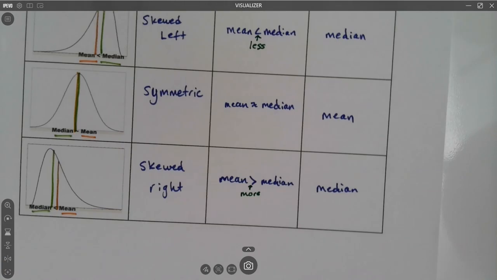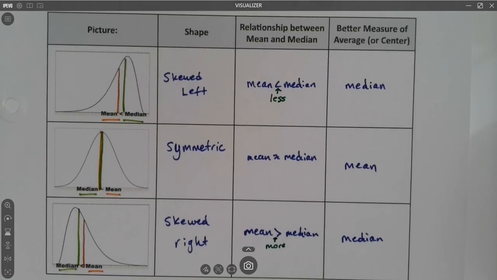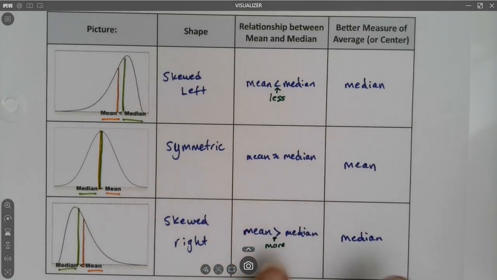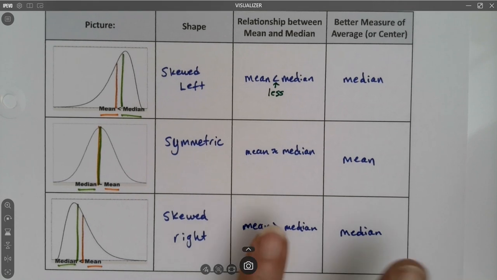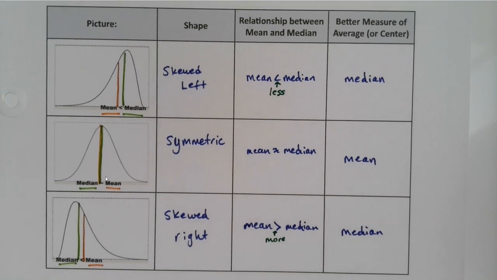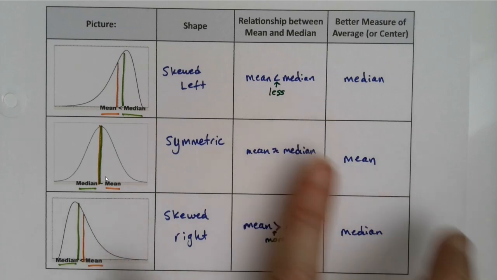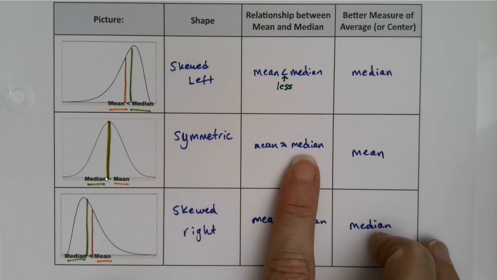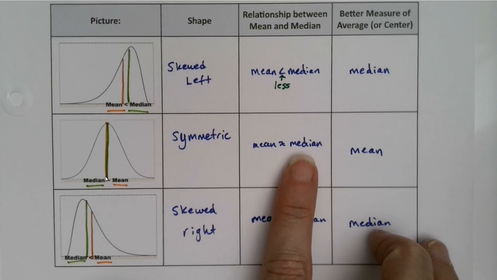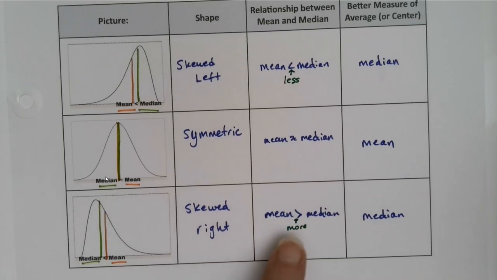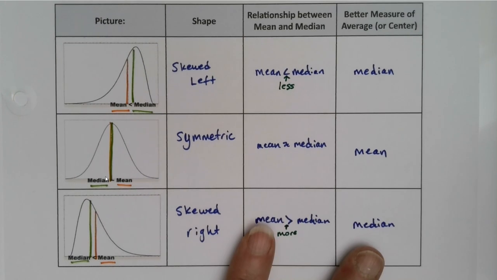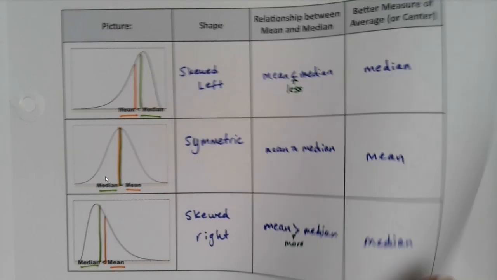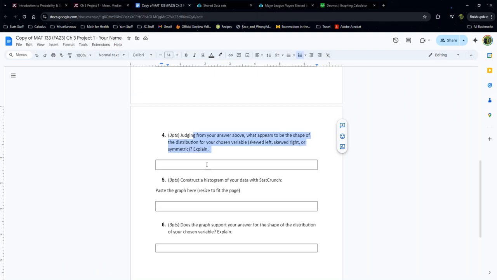It'll look like this. So you need to use this table, and hopefully you filled it out really well for yourself so you know which direction is which, so that you can tell whether you think it's symmetric, right? Is the mean and the median basically the same number, more or less? Or is it less than? Is it greater than? So that's the page that you need to use for figuring this out. So I'm just going to write "see table in notes" and let you fill that out.